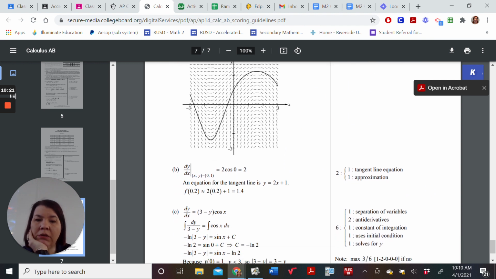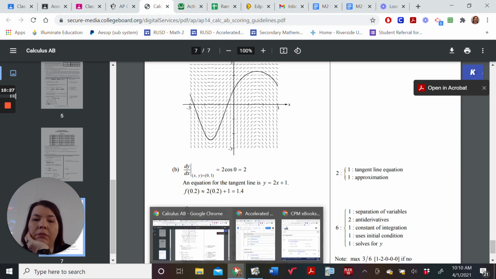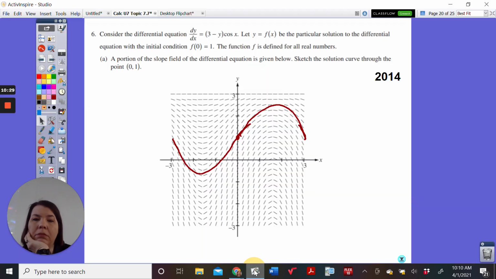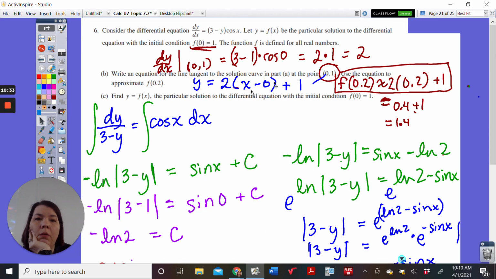Tangent line equation, y equals 2x plus 1. If we go back to my equation, I have y equals 2x minus 0 plus 1, same thing. Okay, so that's worth 1, getting that right.